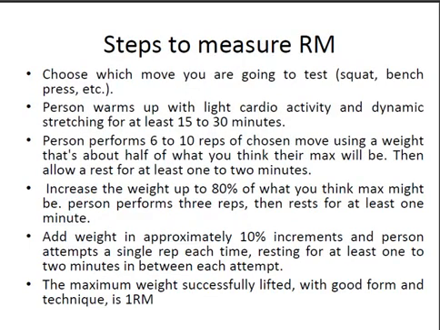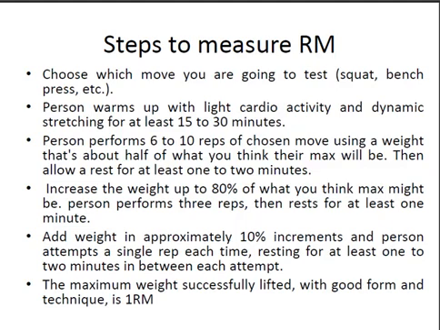Now what are the steps we will follow? Choose which move you are going to test first. Then the person warms up properly for 15 to 30 minutes. You can use cardio activities, stretching. Then the person performs 6 to 10 repetitions of the chosen activity. Then allow the patient to rest for 1 to 2 minutes.